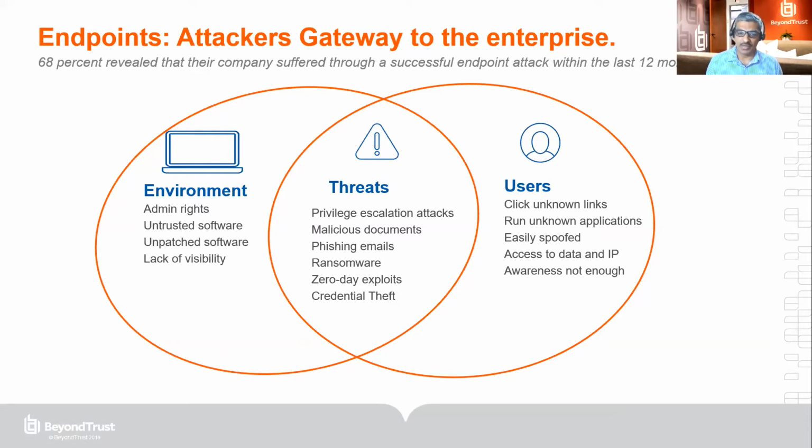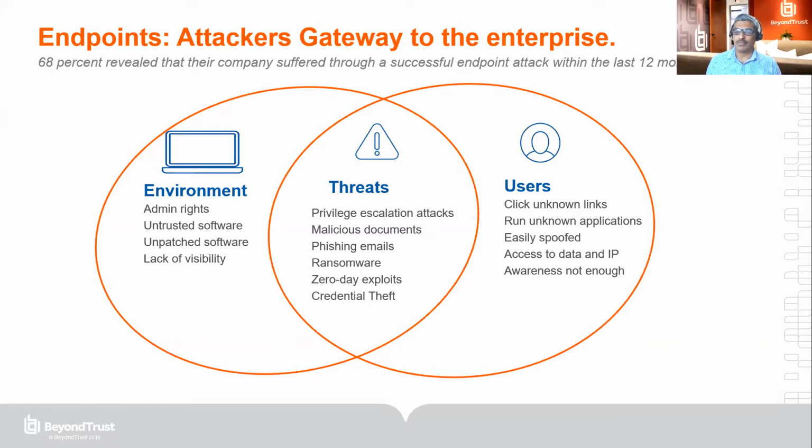They're more susceptible. So if you look at the threats, and these are just increasing, you now have a lot of phishing attacks that are leveraging malicious documents or ransomware, and of course attacks that are focusing on the latest exploits. The users tend to be more focused on being productive. They want to get to the task as soon as possible and get back to their free time in the evening.